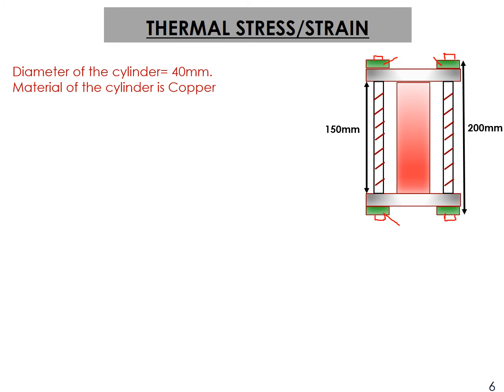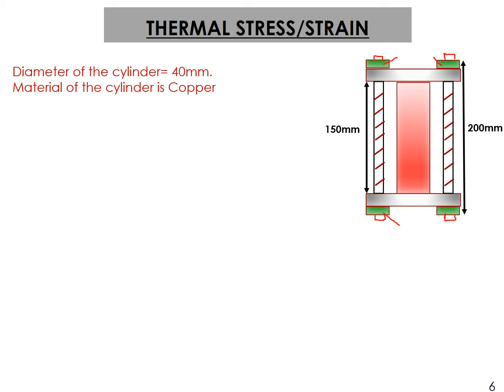What else is given to us? The diameter of the cylinder is 40 millimeters and the material of the cylinder is copper. I had already shown you the expansion coefficients of different materials, and you have seen copper also. I think it was next to aluminium.